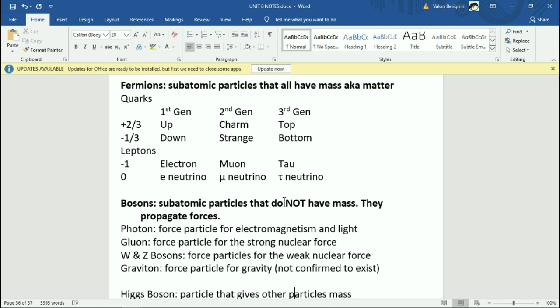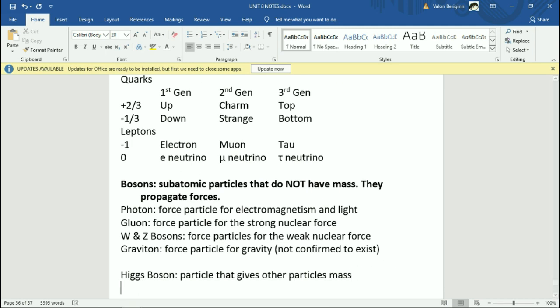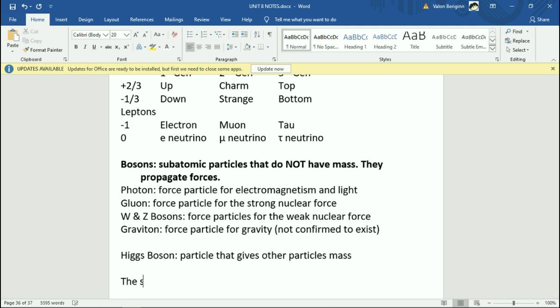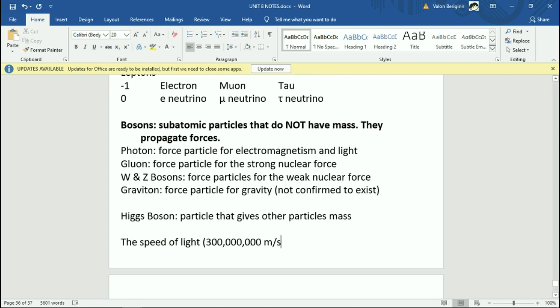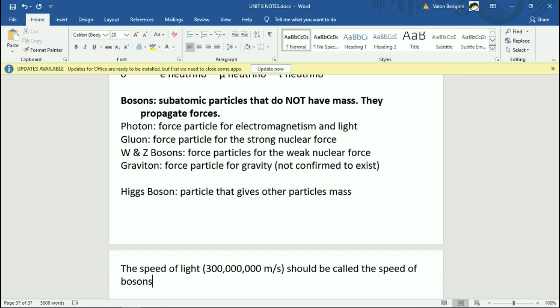Now, more accurately, the speed of light should be called the speed of bosons, because all bosons move at this speed.